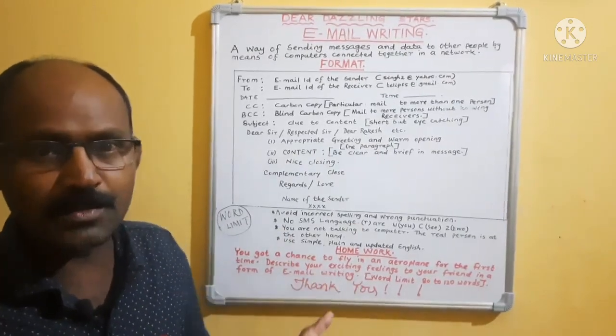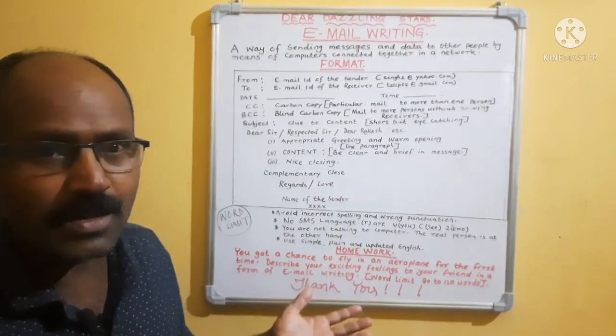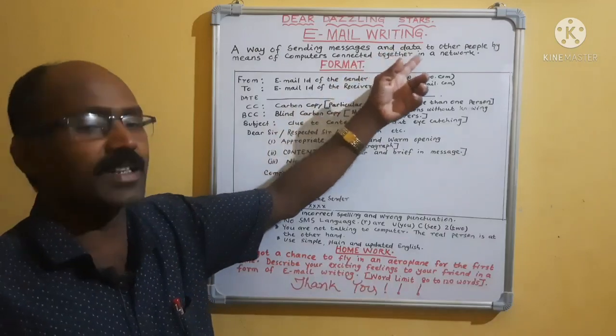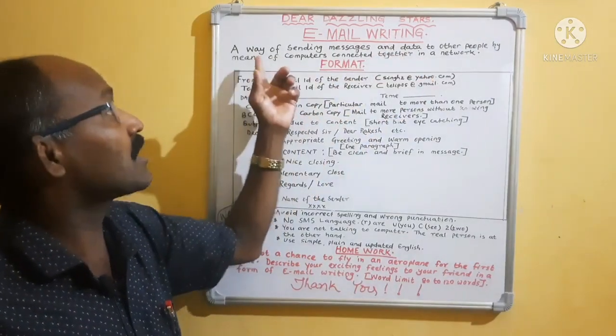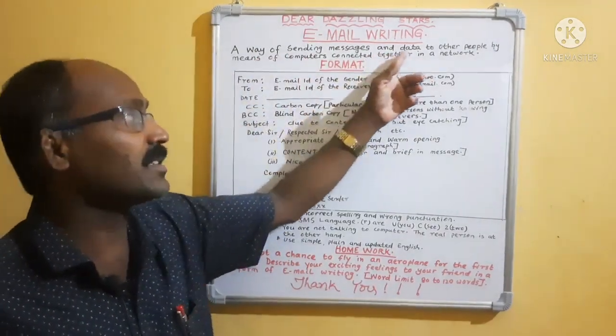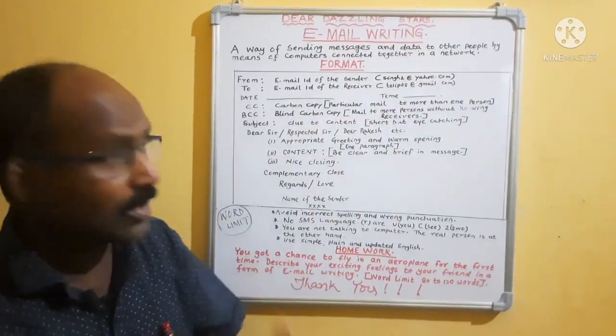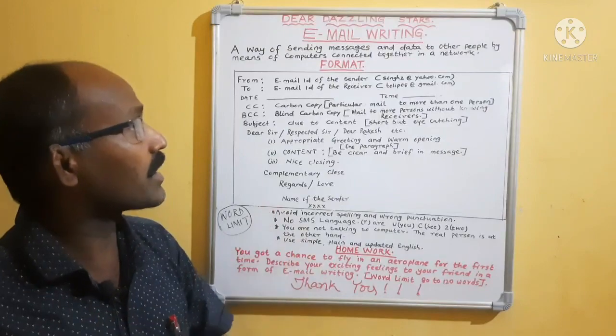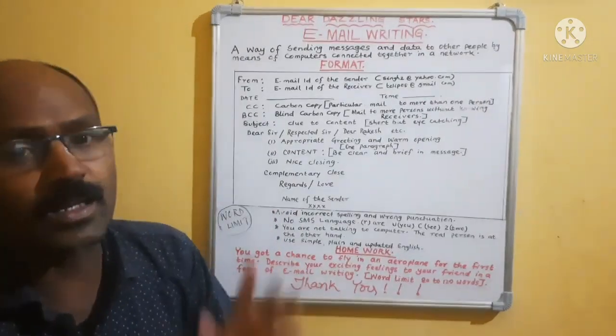So what is an email? Email is a way of sending messages and data to other people by means of computers connected together in a network.